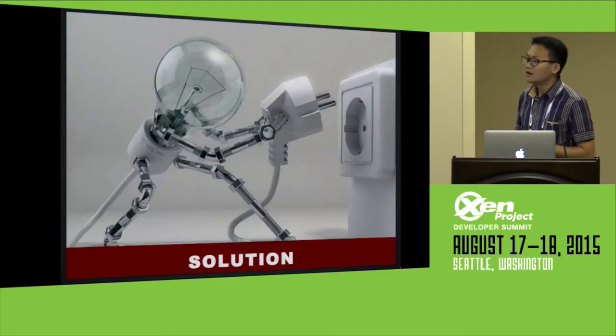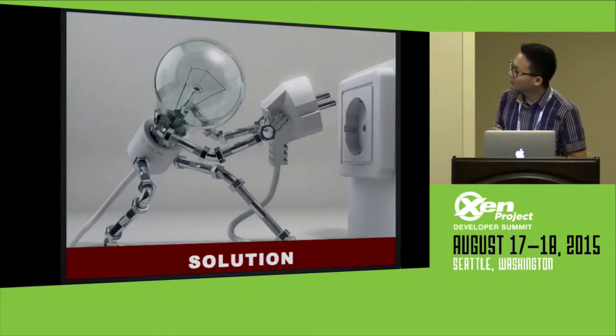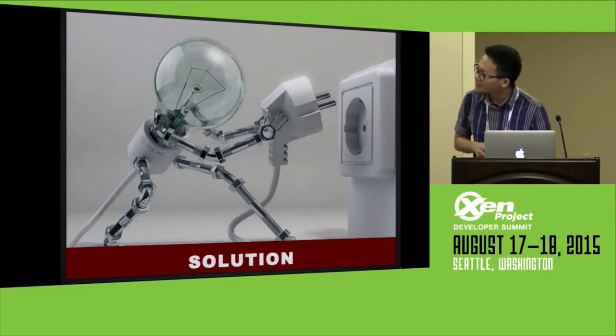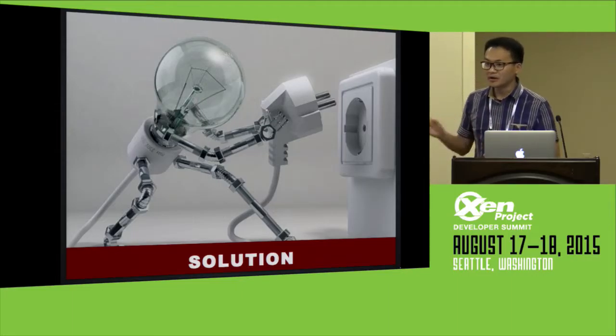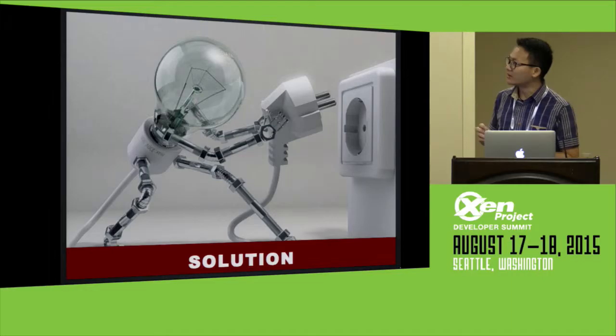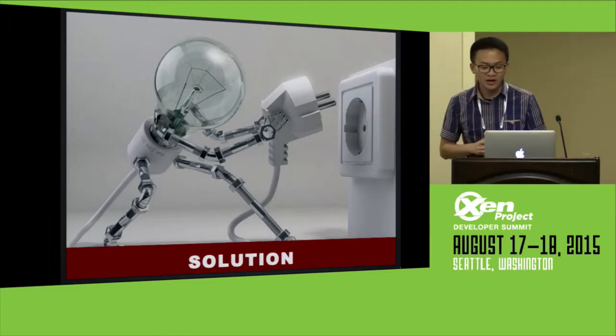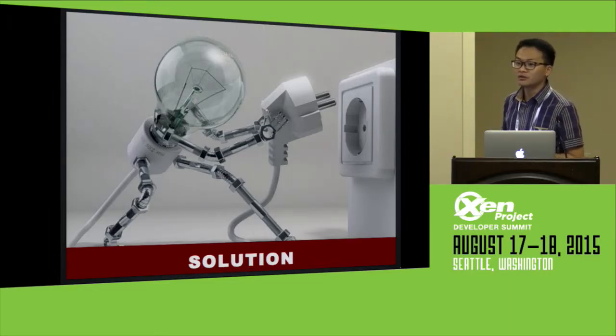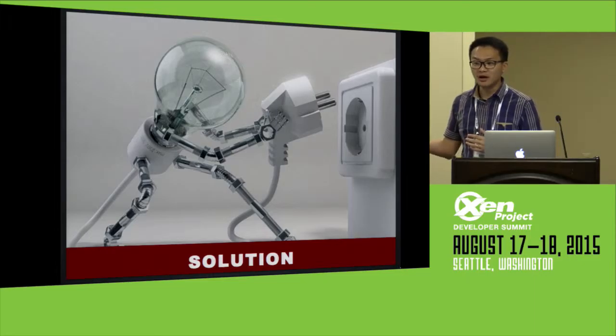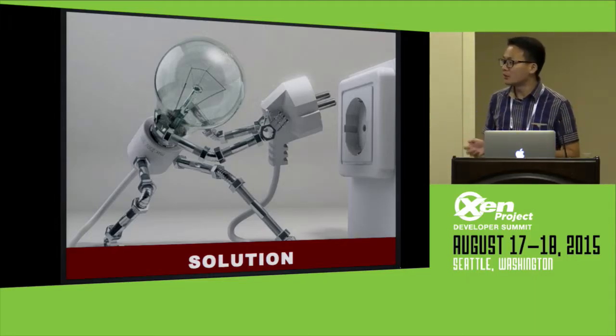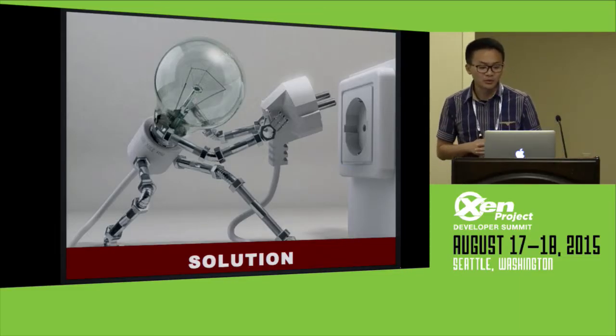Like this robot, we can plug it in ourselves and unplug it ourselves when we don't want to use it. I think most of the problem can be solved this way. We can resolve the problem by unplugging it ourselves when the VM is idle, and when we require the VM, we can plug it in again. Then we can solve the problem.